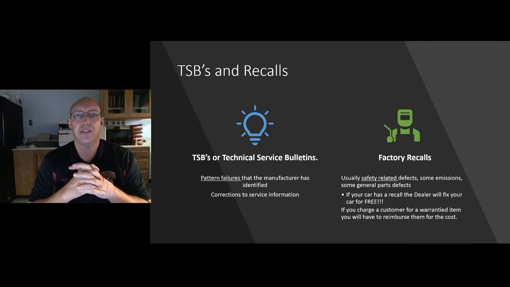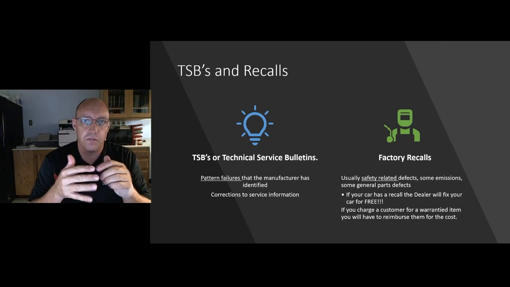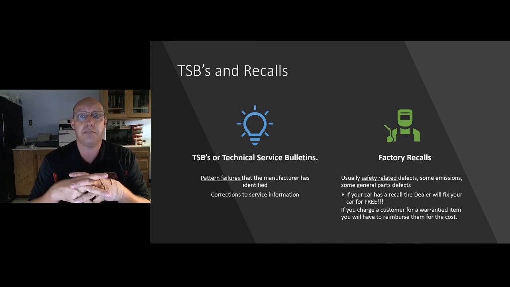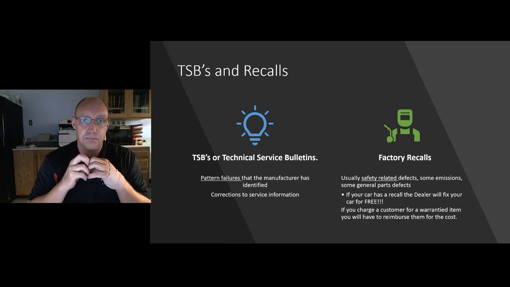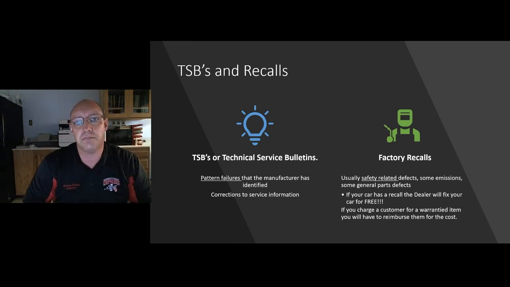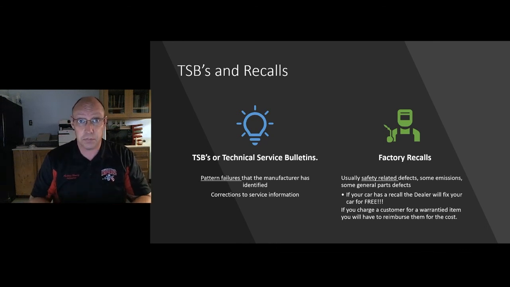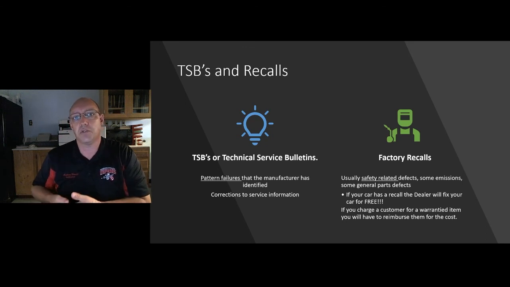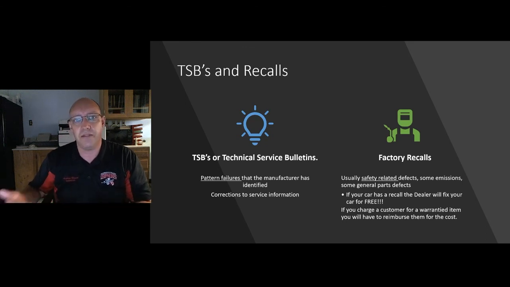And so they see it over and over and over again on the same vehicle, same make, same model, same truck. They put out what's called a technical service bulletin. That technical service bulletin is then sent to every dealership and technician via the computer system, and they are notified that, hey, be aware that if you have a car that comes in with this symptom, this problem, look here first, because we're seeing a pattern or a repeat failure in this area, okay?